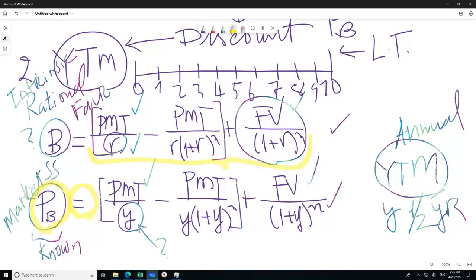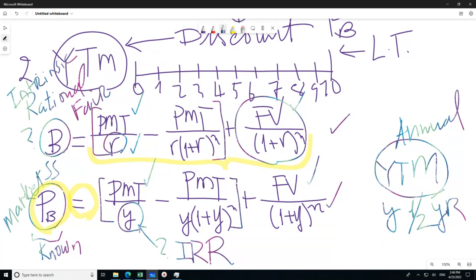In other words, there can be only one value that can make the right-hand side equal to the left-hand side, right? And that one number is called internal rate of return. That solution is called internal rate of return. Internal rate of return is a mathematical term for that rate that makes the right-hand side equal to the left-hand side. And there can be only one.